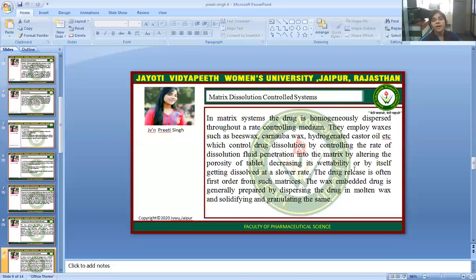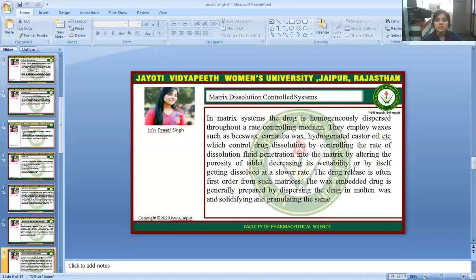Now the matrix dissolution control. In matrix systems, the drug is homogeneously dispersed throughout a rate controlling medium. They employ waxes such as beeswax, carnauba wax and hydrogenated castor oil, etc., which control drug dissolution by controlling the rate of dissolution fluid penetration into the matrix, by altering the porosity of the tablet, decreasing its wettability, or by themselves dissolving at a slower rate.